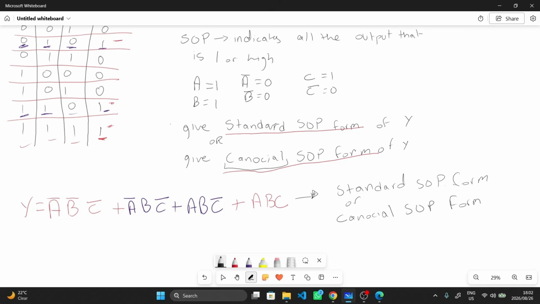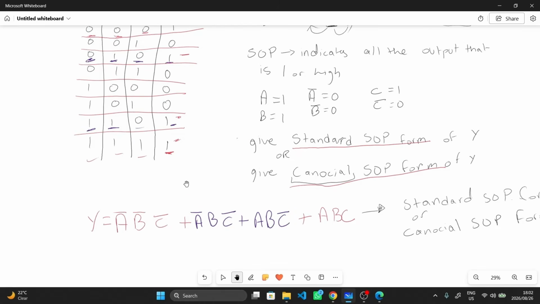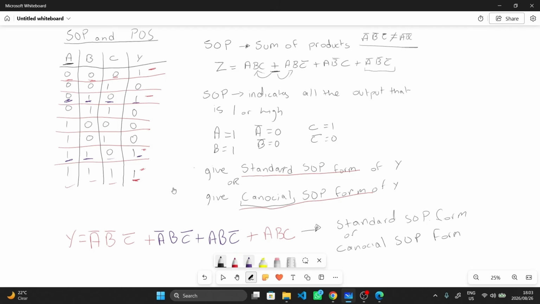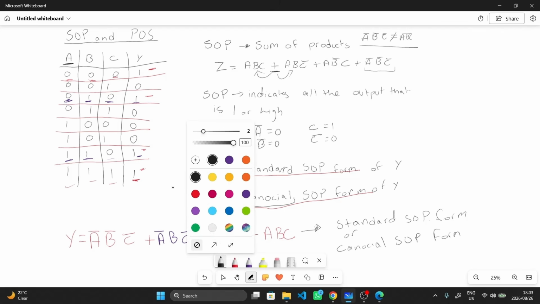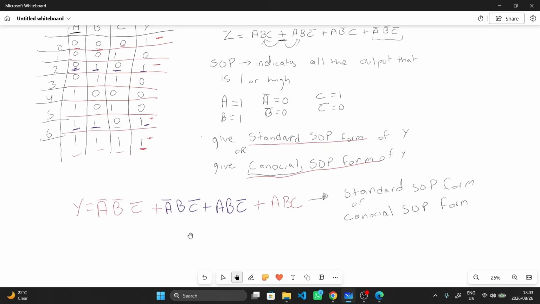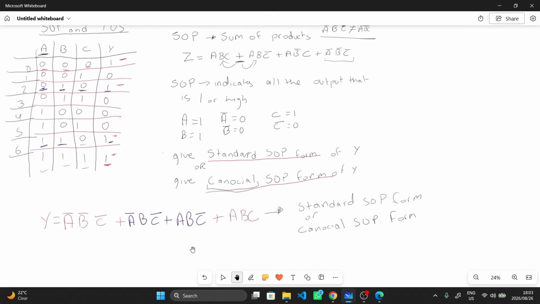Now, there's another form in which they give you an expression, and that is related to the numbers. So to show that, let's just write the numbers on the side, right? So this will help you. So this is 0, 1, 2, 3, 4, 5, 6, right? And how do we express this?